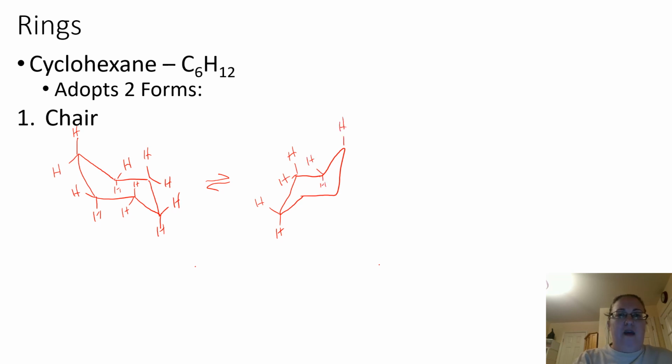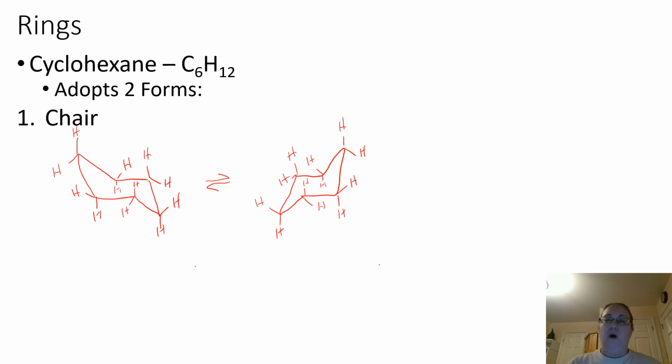So I'm just going to go ahead and draw in all of these hydrogens. While I am doing that, I will tell you right now, we do get very picky with our chair conformations in organic chemistry. Chair conformations can talk and discuss with reactivity of molecules. It can define for us stability of molecules. So you want to get very, very comfortable with drawing these chair structures.